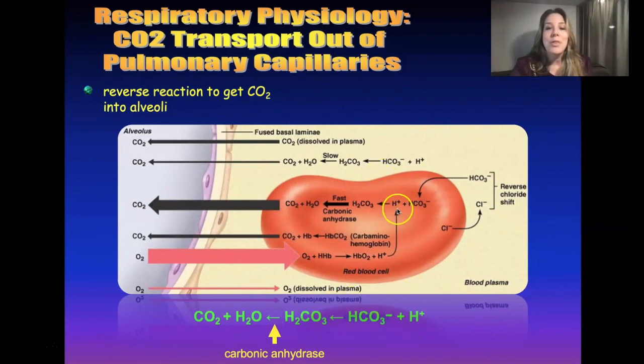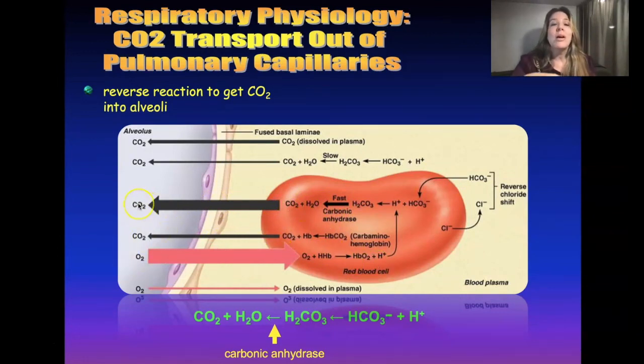It's going to meet up with the hydrogen ions that are bound to the red blood cells. That forms carbonic acid, as you know. And now that carbonic acid is going to dissociate with the help of the enzyme carbonic anhydrase into carbon dioxide and water. And at this point, now we're back to pressure gradients and solubility rules. And that is going to bring the carbon dioxide back into the alveoli. And as we know, oxygen's going the other way.